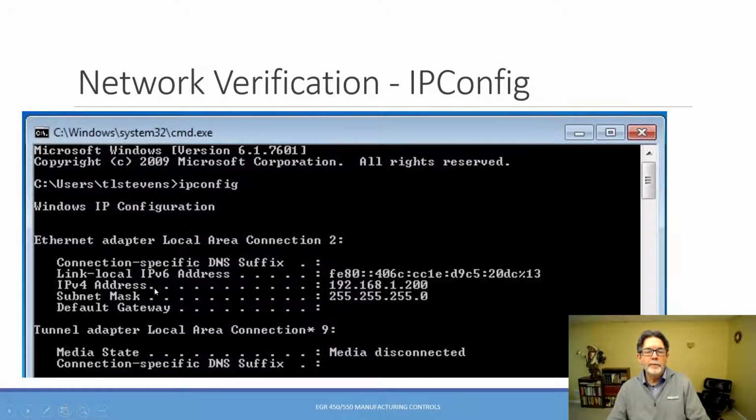The IPv4 is the protocol being used essentially everywhere, except for at the highest level of service providers, network service providers like Comcast or AT&T.